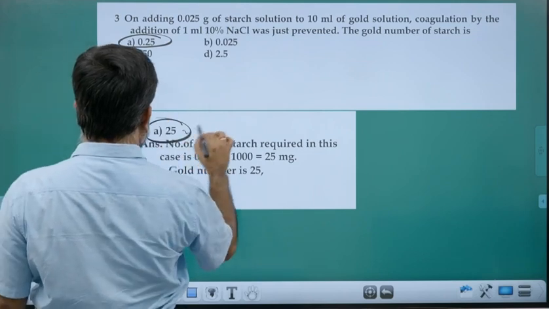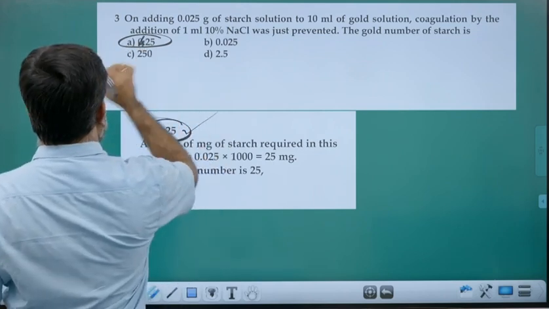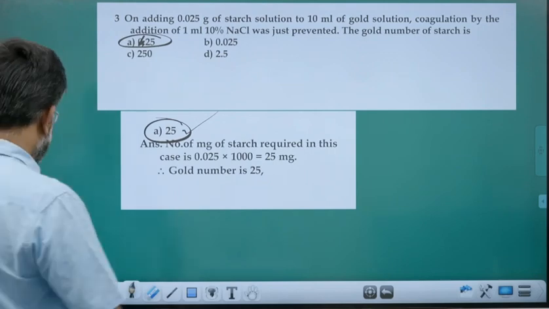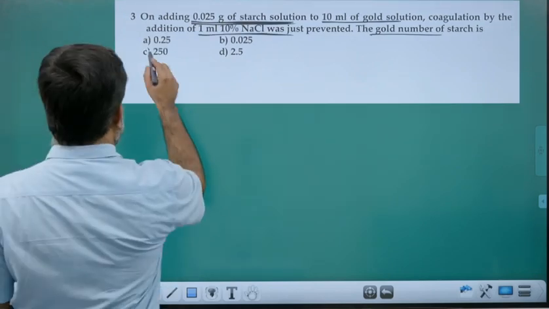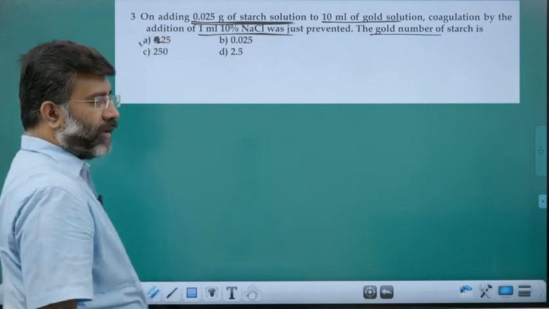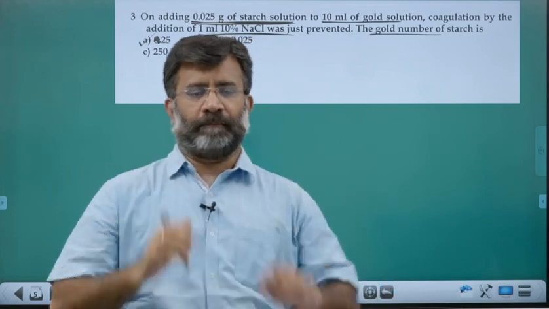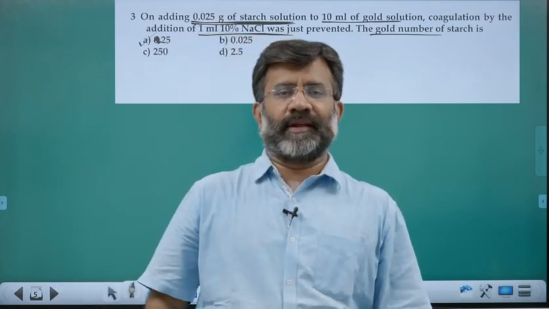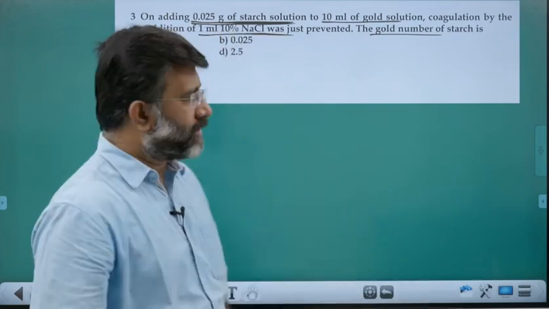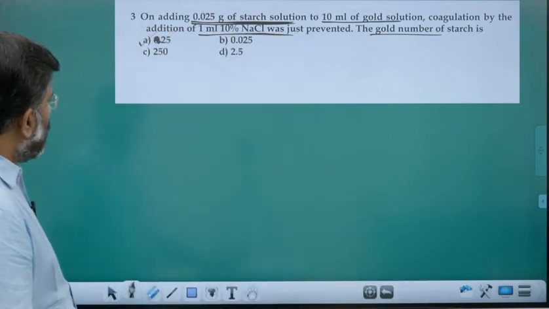That is the correct answer. So option A is the intended answer and the answer has to be 25. 0.025 gram, so what is the quantity in milligram? 25 milligram. That is the gold number of starch.